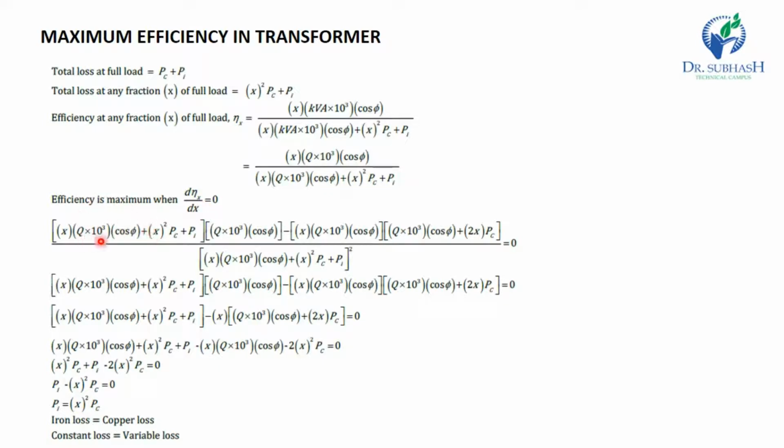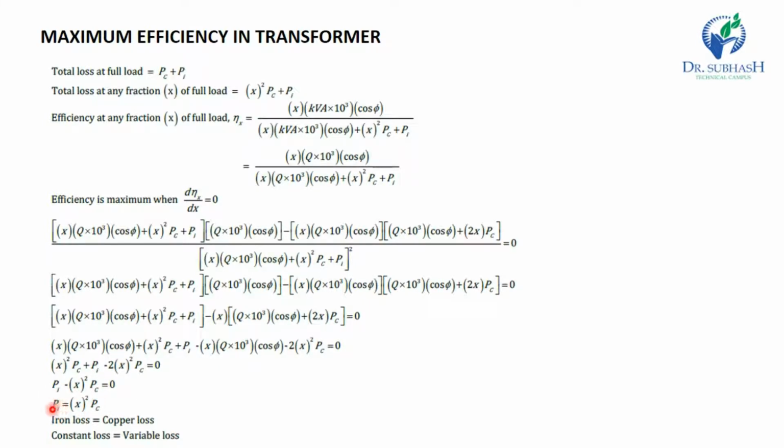We get the differentiation like this: x kVA 10 raised to 3 cos phi plus x squared Pc plus Pi, over the square of the denominator. Here we differentiate the first term and subtract the second term, with the first term as it is, and finally we get Pi minus x squared Pc equal to 0, so Pi is equal to x squared Pc.